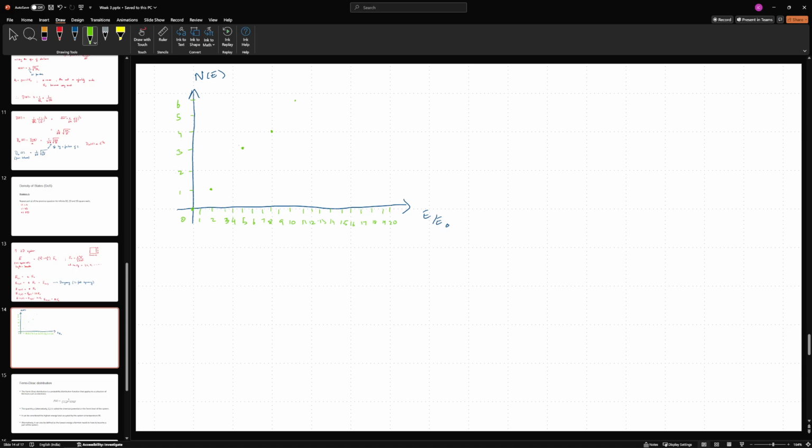So what you can see is that this line is kind of wiggling up and down. But if you observe carefully, the graph is more or less a straight line. At some points it will be above the straight line, at some points it will be below the straight line.